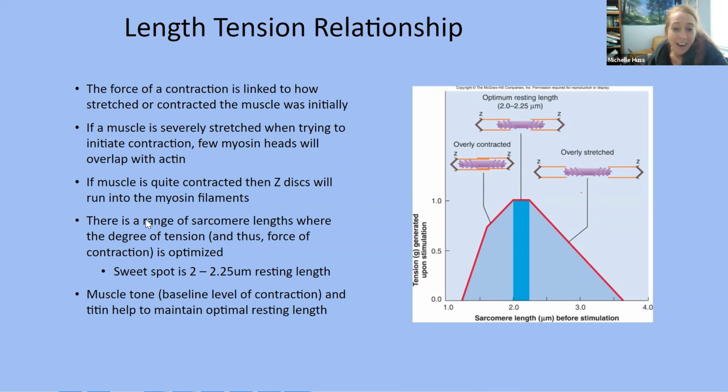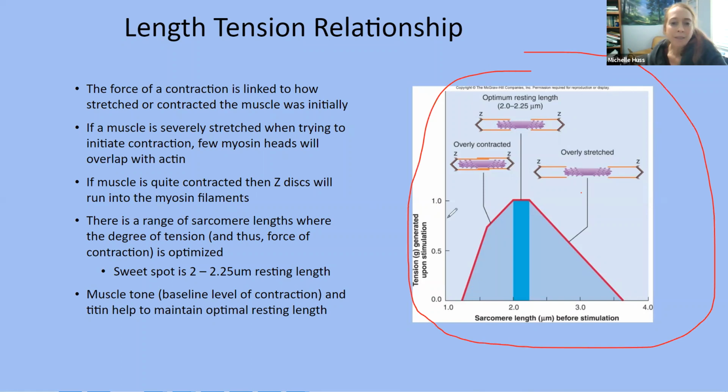Everybody tells you that. Don't lift with your back because those muscles are not strong enough. Now, what this has to do with is this length tension relationship. Don't worry about this graph too much, okay? Unless you like graphs. But basically what this is saying is when my muscle is relaxed, my sarcomeres look like this, where I have a decent zone of overlap.